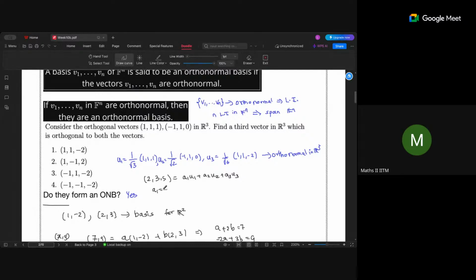A1 is simply the inner product of 2, 3, 5 with 1 by root 3 times 1 comma 1 comma 1. What is the answer? 1 by root 3 times 2 plus 3 plus 5, so it's simply 10 by root 3. Similarly, what is A2? Can you calculate A2? Tell me the value of A2 quickly.